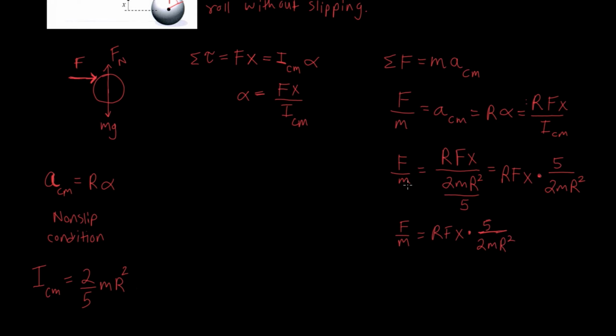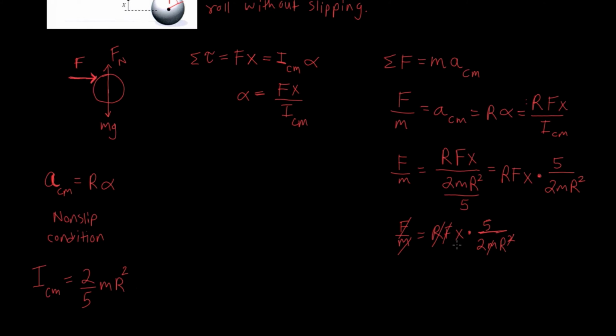Now let's cancel out some variables. We can divide out a radius, because r divided by r squared will just leave us an r in the denominator. And notice that both sides have an m for mass, and both sides also have the variable for force, which is F.